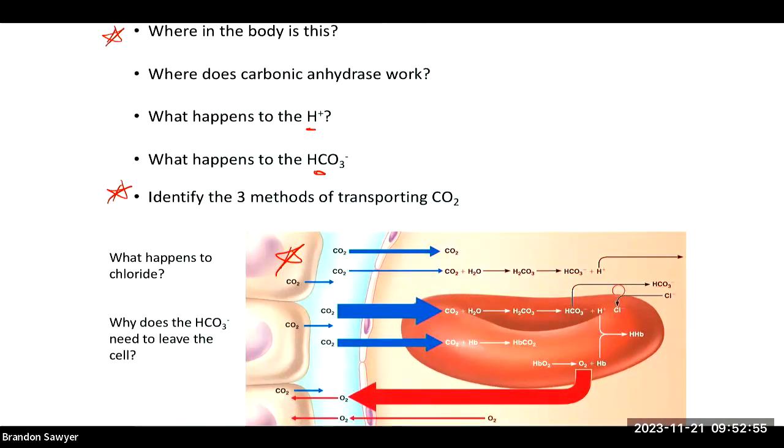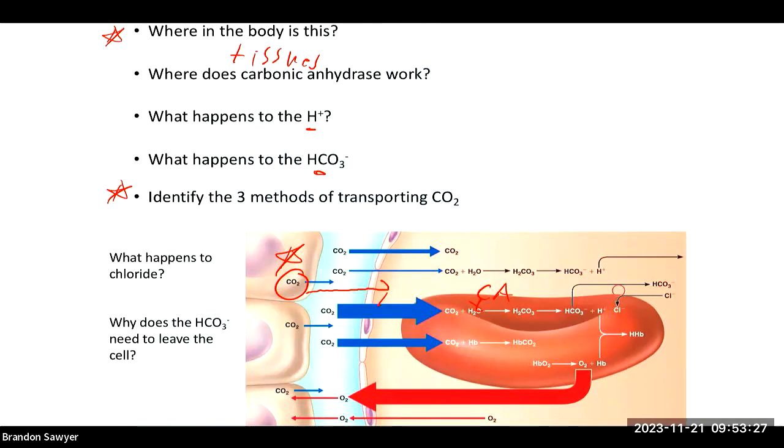Okay, so where in the body is this one? Tissues, yeah, because we're making CO2 and releasing it, right? We're seeing CO2 come out of those tissues that are doing metabolism, sending it into the blood. So we're picking up CO2 here. Carbonic anhydrase works by helping put CO2 and water together, so it's really going to be driving this reaction here. And that only happens in our red blood cell.